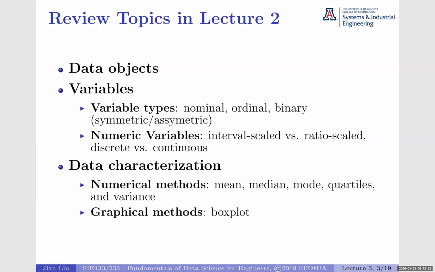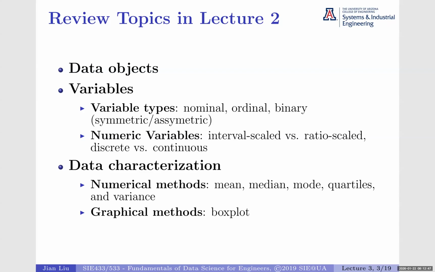And continuous numerical variables are something that we can measure and record the measurement as a continuous value. For example, the height, weight, dimension, like diameter of a certain cylinder for manufactured goods, right? Those are the different types of variables.